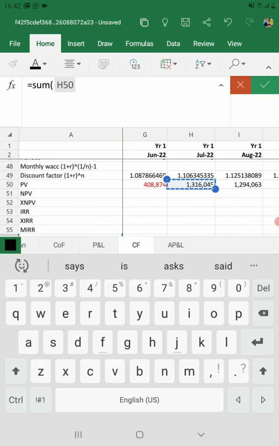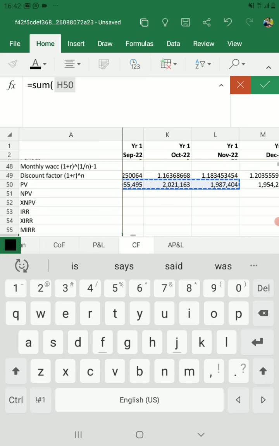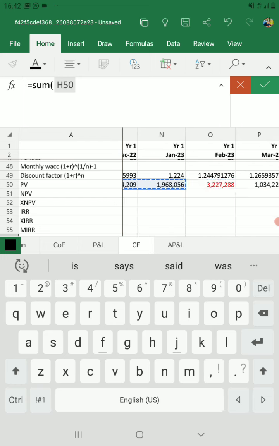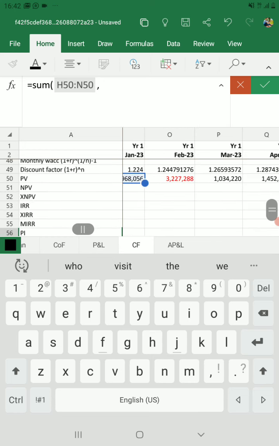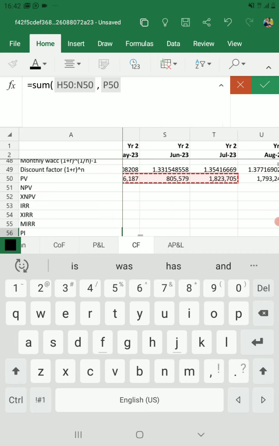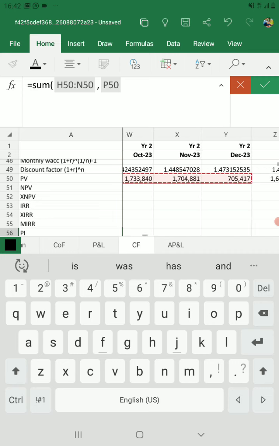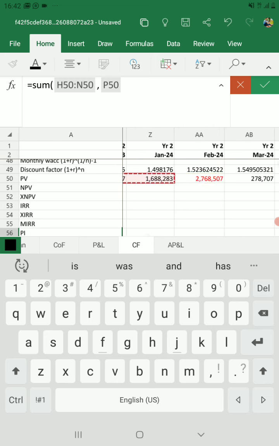So I pick this one, and then I select all the positive cash flows. This one is not positive, so it ends in January here. I put comma, and I come to pick here from March, it's positive. I pick all these positive figures up to here. This is negative. I put comma and pick this positive figure here.